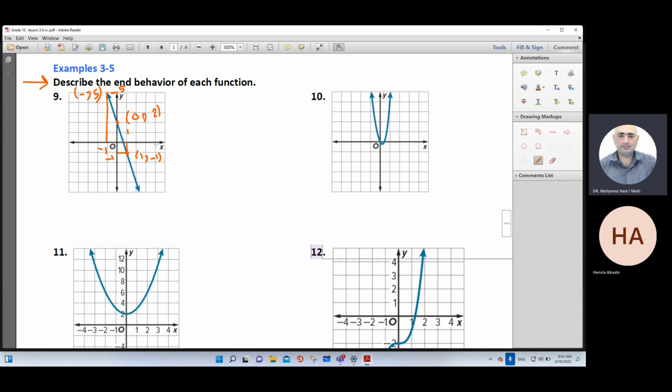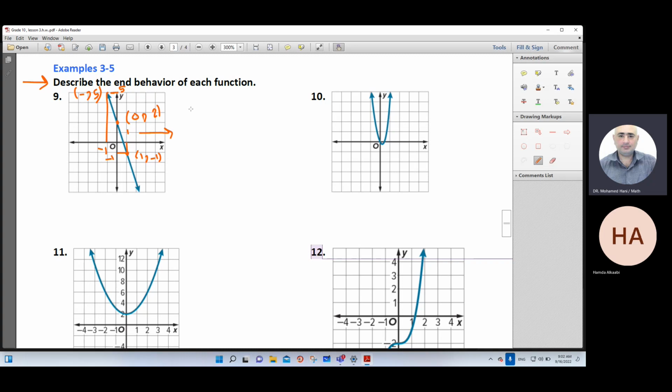So as you see, if you go right, the value of x, here -1, here 0, here 1, will increase. But the value of y, as you see, here 5, here 2, here -1, will decrease.